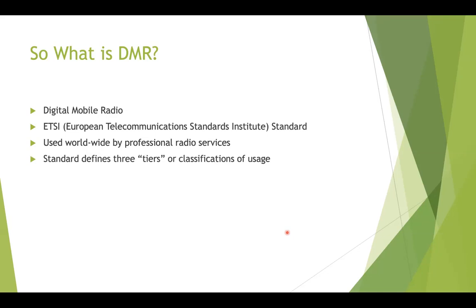The standard defines 3 tiers or classifications of usage. Tier 1 uses a single channel, 6.25 kilohertz of bandwidth. Now, when we talk about our analog FM signal, does anybody know how much bandwidth is actually used by an audio signal on your radio?